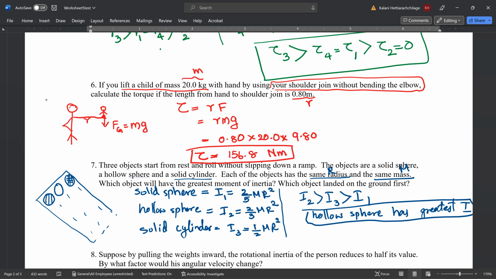That is the solid sphere. So the solid sphere lands on the ground first. Why? Because it has the lowest moment of inertia.